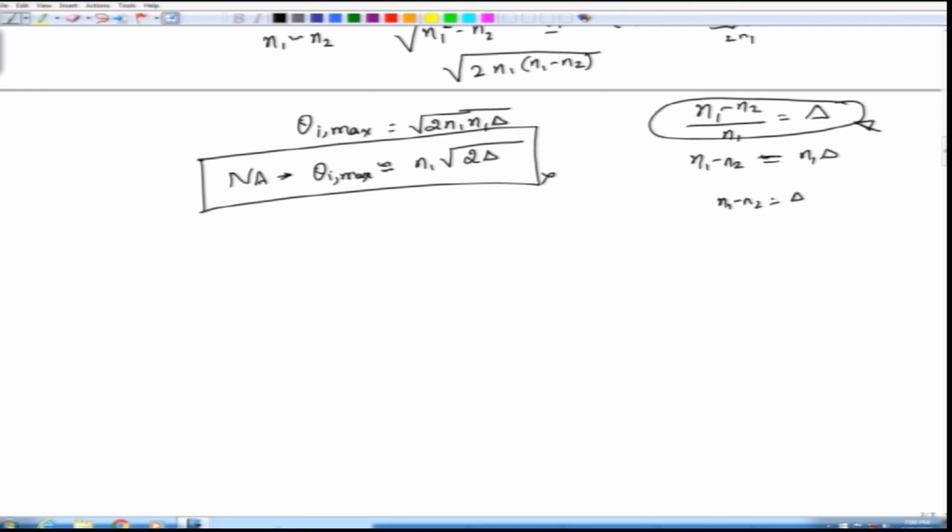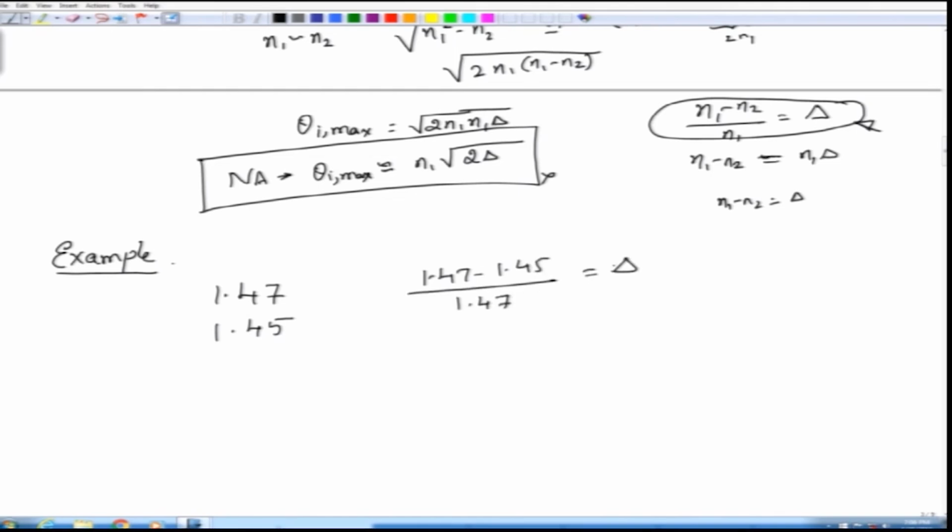Let us do a quick example to give you an idea of the numbers. Let us assume a core refractive index of 1.47 and a cladding refractive index of 1.45. So, the core cladding difference will be 1.47 minus 1.45 divided by 1.47. This is the value of the index difference delta. You can calculate this, and then from here you can calculate the numerical aperture.